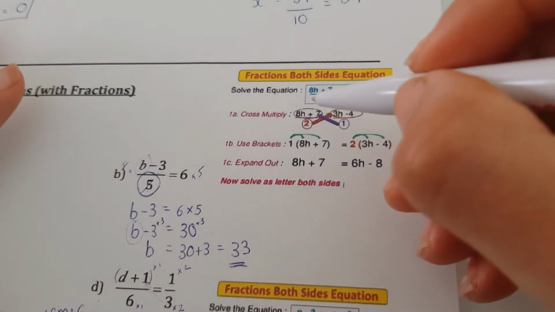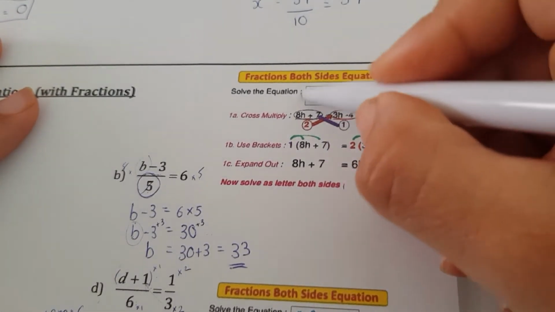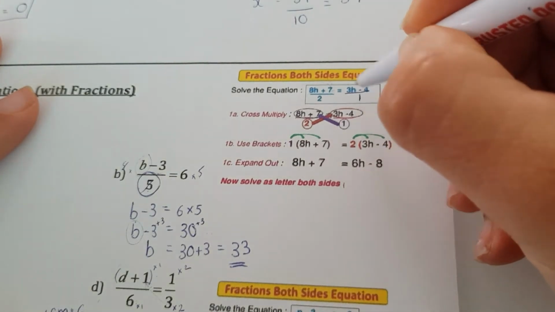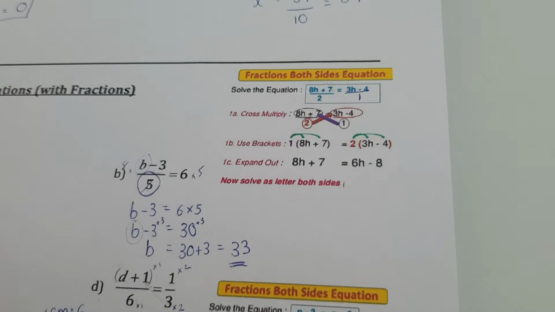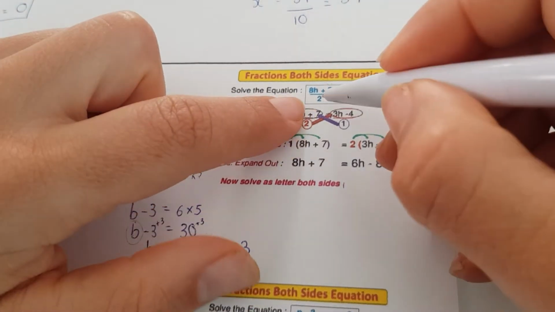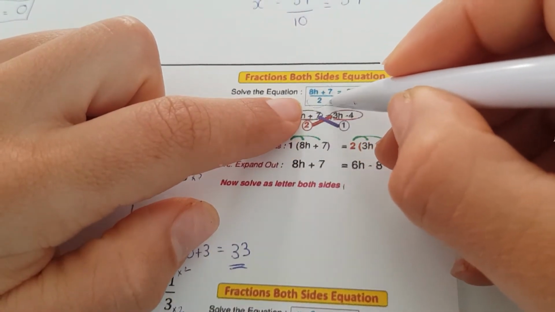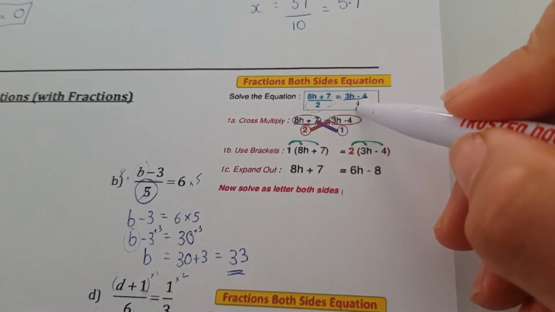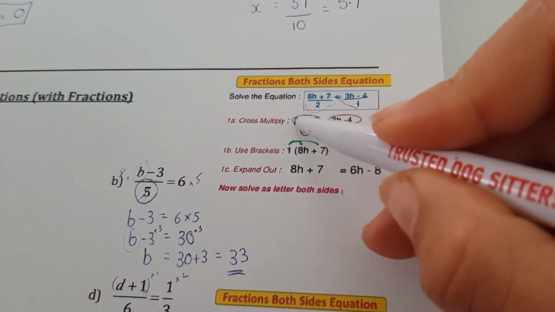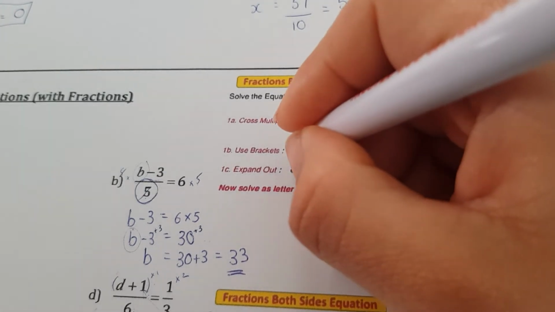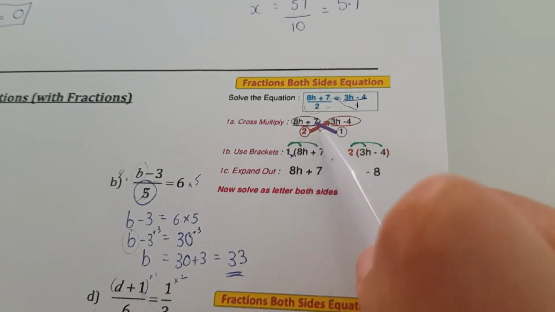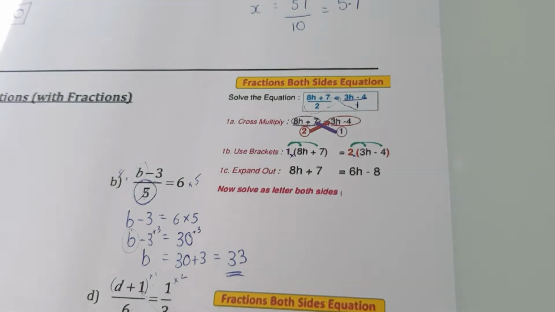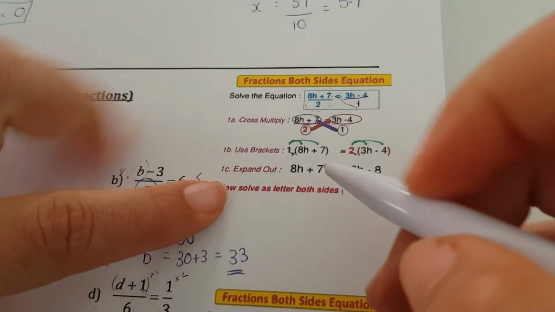To solve this equation, you had one fraction over here, but if you do this one on 1, that means you have two fractions, and you can cross multiply, or else just grab this one and multiply it on the other side, like what we did last time. If you're using cross multiply, 1 is multiplied by all of this, 1 times all of that, and 2 is multiplied by all of this, so 2 times all of that, and then you expand the brackets and continue to solve.